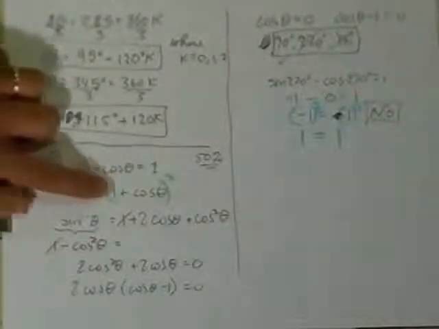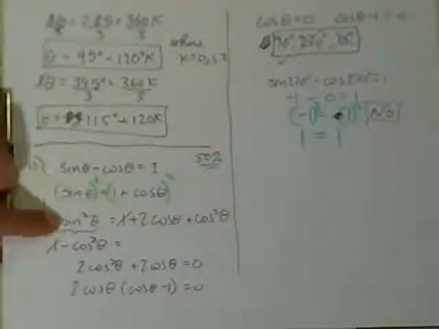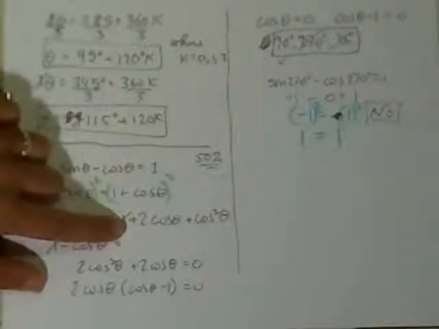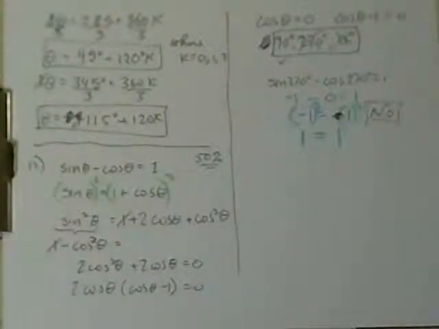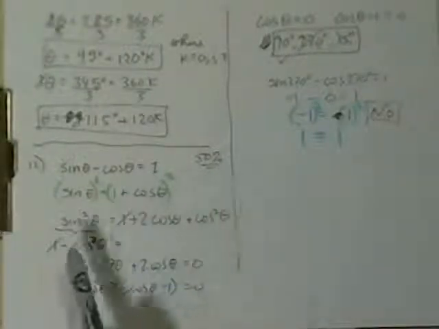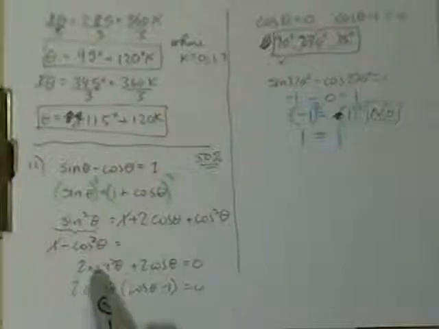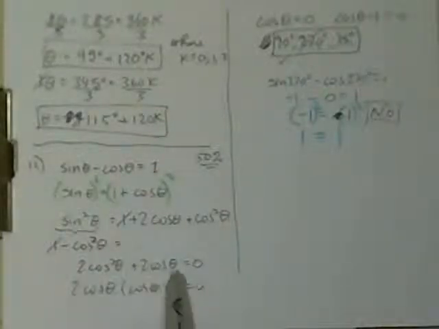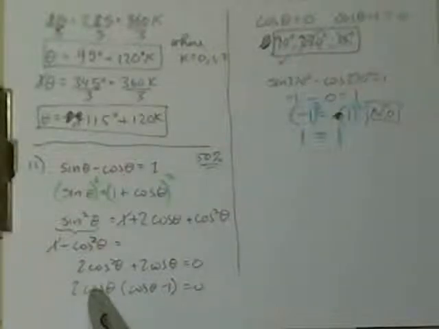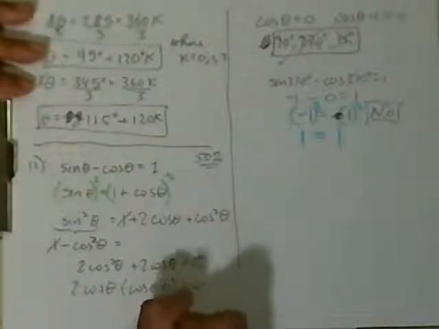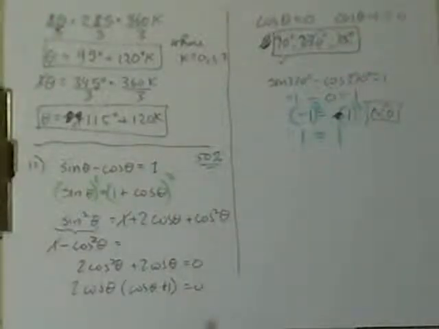Sine of theta equals 1 plus cosine theta, squared, sine squared theta equals 1 plus 2 cosine theta plus cosine squared theta. We got that right. Sine squared theta is 1 minus cosine squared theta. That cancels out with that. Again, 2 cosine squared theta plus 2 cosine theta equals 0. I drop 2 cosine theta. There it is. Oh, shoot. Plus 1. Found my mistake.